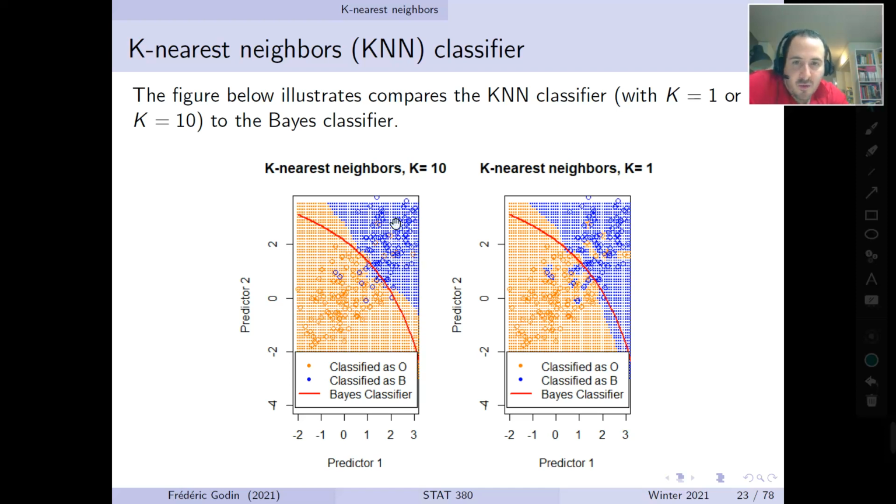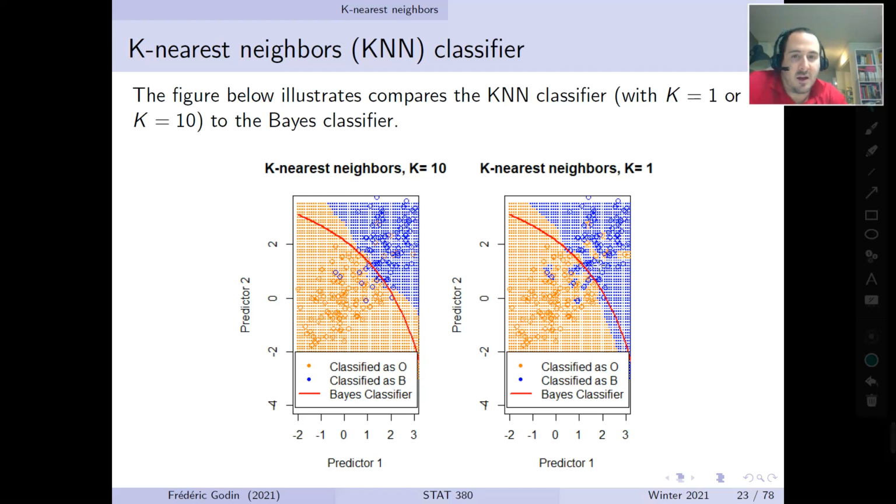So the classifier kind of makes sense. We see that overall more points in that region would be classified as blue, and more points would be classified as orange here. So overall, these two methods provide somewhat decent results.